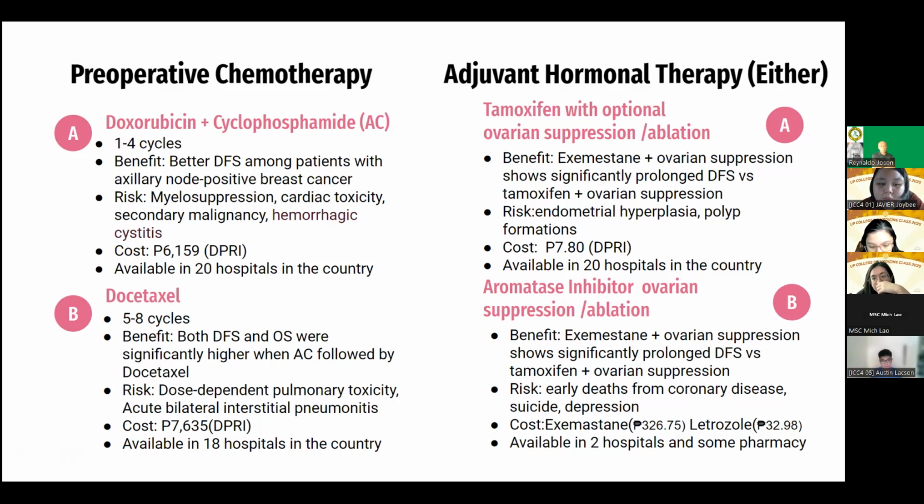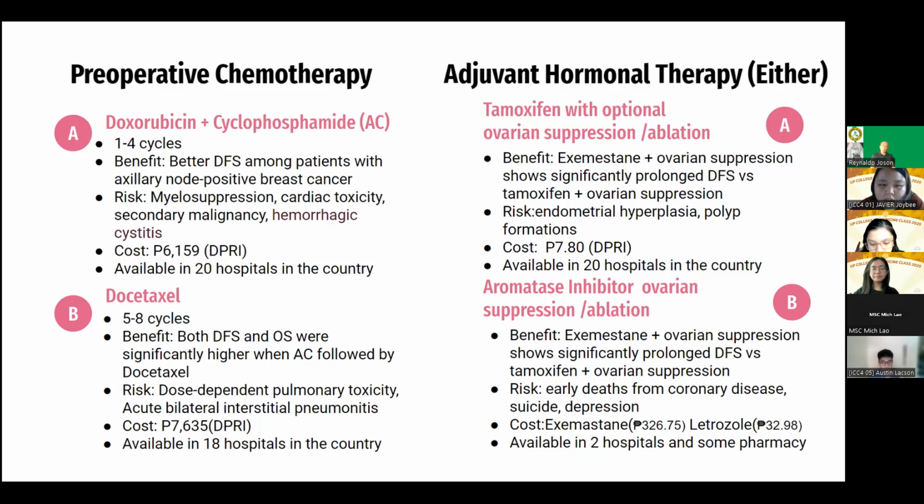So as mentioned before, for adjuvant hormonal therapy, it's either tamoxifen or an aromatase inhibitor. For tamoxifen with or without ovarian suppression, the benefit shows that there is insufficient data that supports routine addition of ovarian suppression and ablation to tamoxifen.